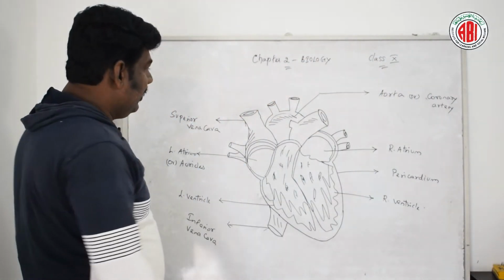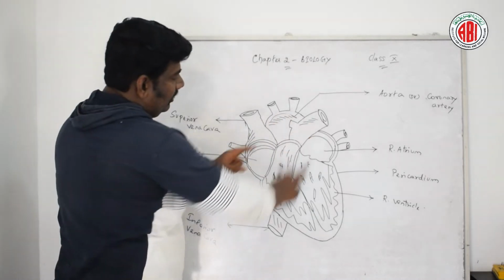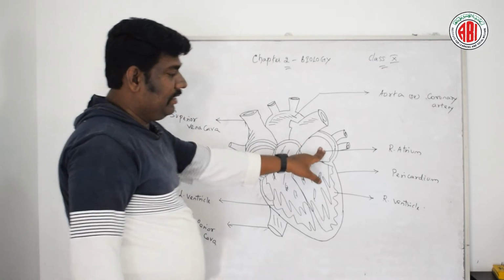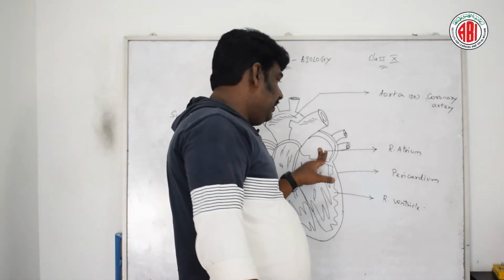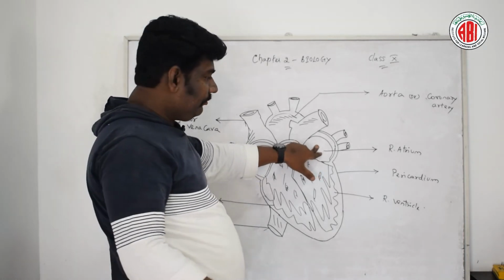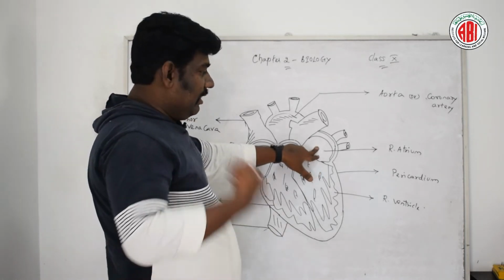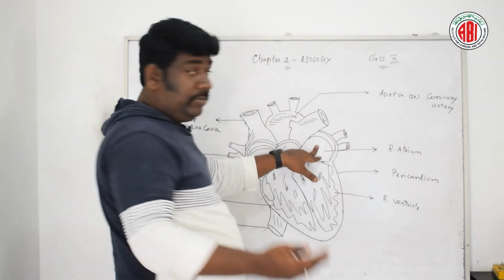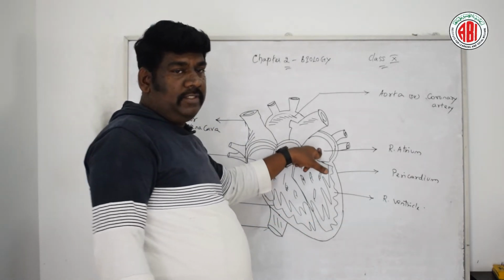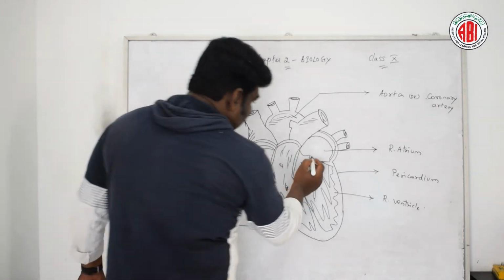So here the aorta is there, just imagine the aorta. From the aorta you see that side, this part of the body. Actually this is called the left atrium. According to you, it is called the left atrium; according to me, it is the right atrium, but according to the picture, left atrium. So in this left atrium we can see one valve here.